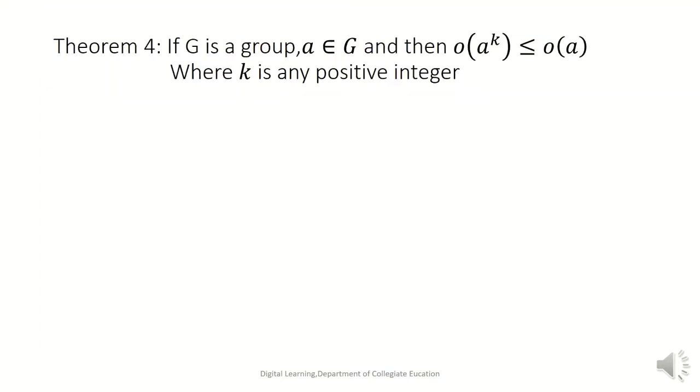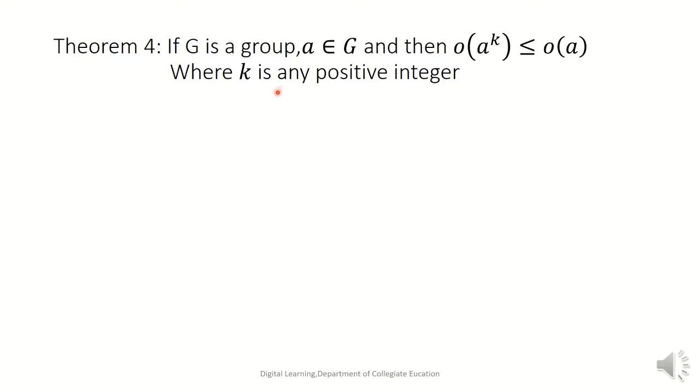Let us take one more theorem. If G is a group, a is an element of the group G, then order of a power k is always less than or equal to order of a, where k is any positive integer.